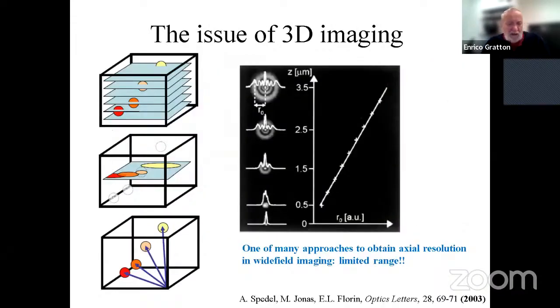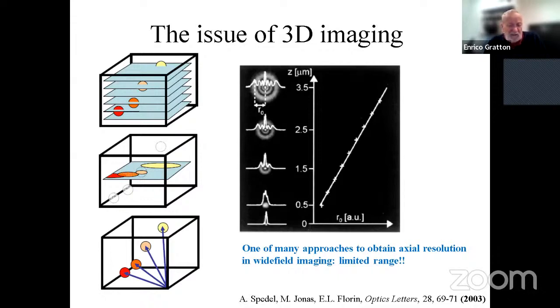Okay, so now the issue is how to do 3D particle tracking. People thought about that, and there is a relationship between the focus, the kind of focus you can get in the Z-axis. When you are at the focus, you get a very small interference pattern, and when you are out of focus, you get a lot of interference pattern.